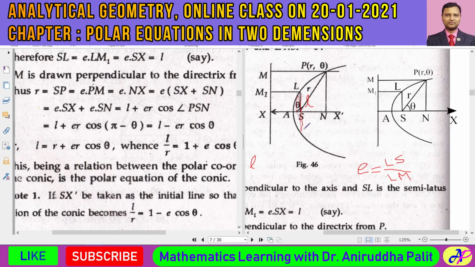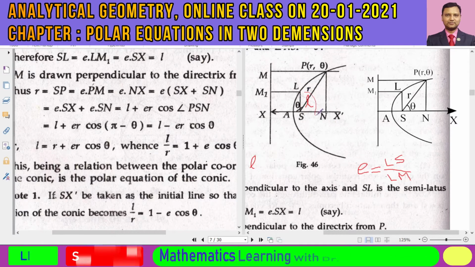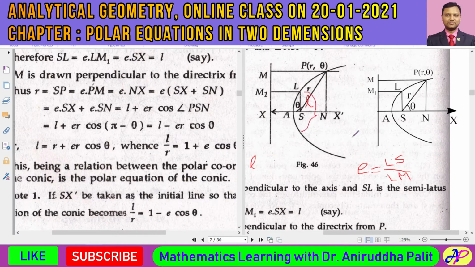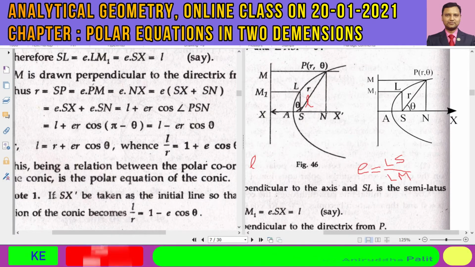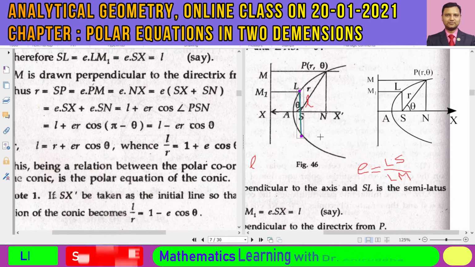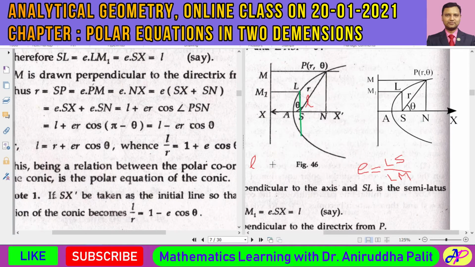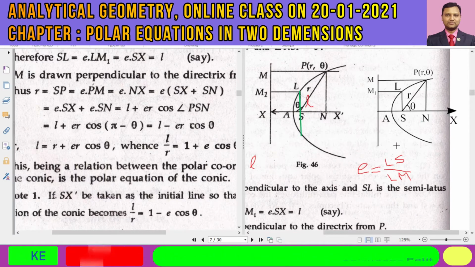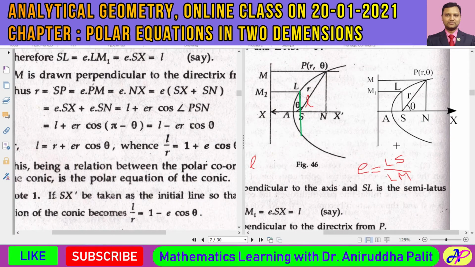This is actually the total latus rectum. Clear? So the latus rectum is this kind of distance, the total length, and half of this is the semi latus rectum.